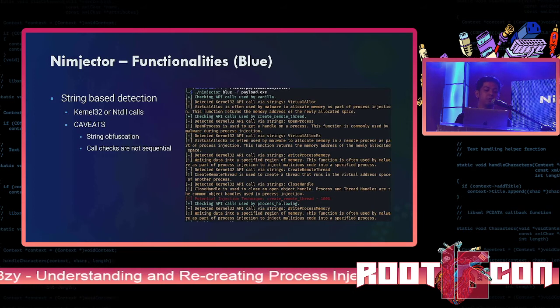So it checks all kernel32 and NT DLL calls that are hard-coded as strings in the binary. And of course, the caveat here is string obfuscation. If the binary has obfuscation and the API calls being used are obfuscated, the tool can't detect it. Next, the call checks are not sequential for now.